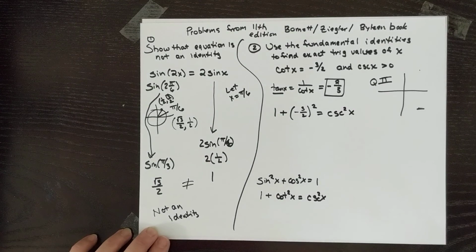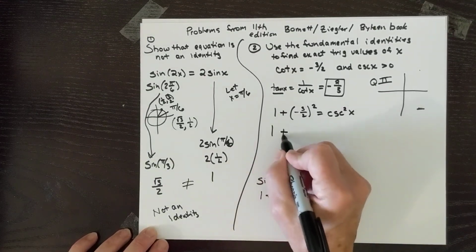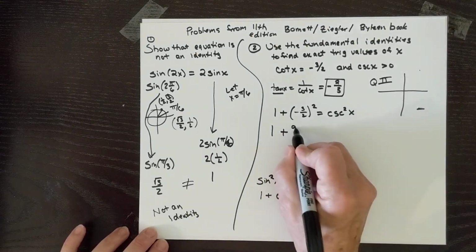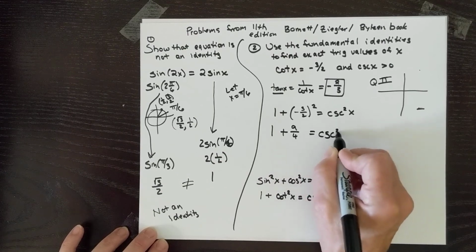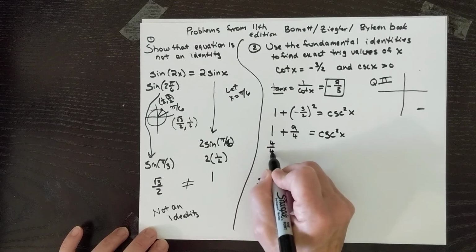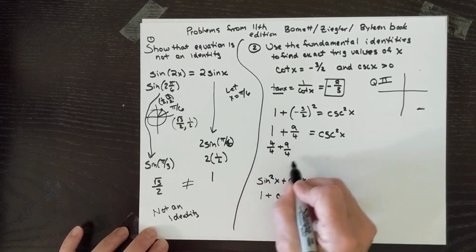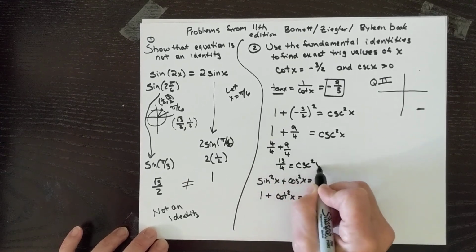Okay, so let's solve this equation for the cosecant. 1 plus, when I square negative 3 halves, I get positive 9 over 4. This is equal to cosecant squared of x. I'm going to add 1, which is 4 over 4, plus 9 over 4, and that's going to give me 13 over 4. That is what the cosecant squared of x is equal to.